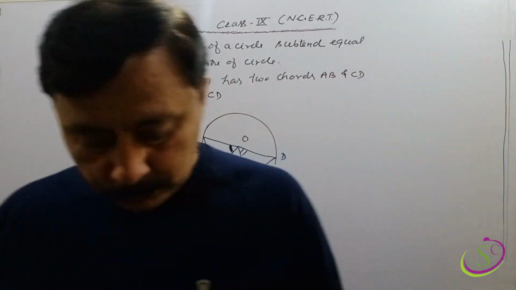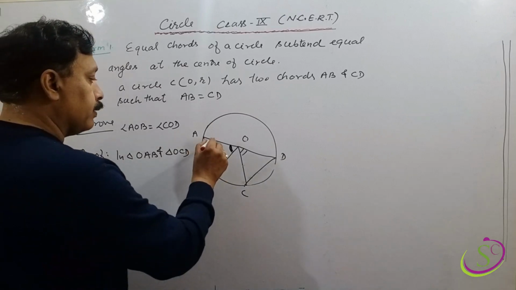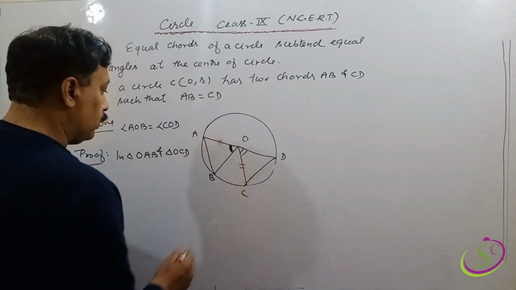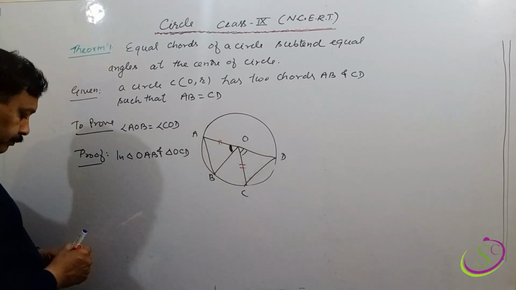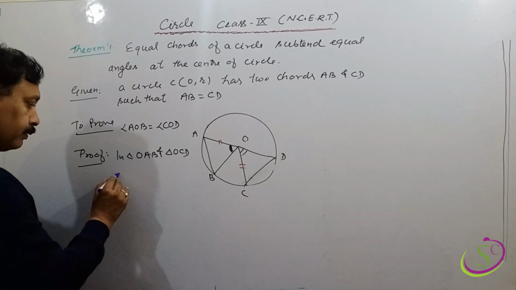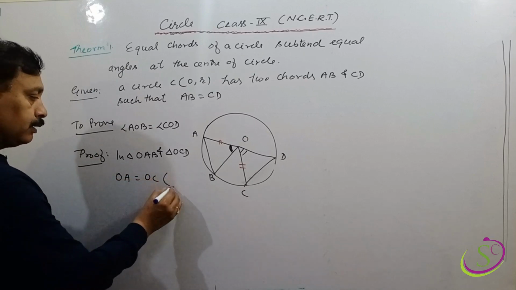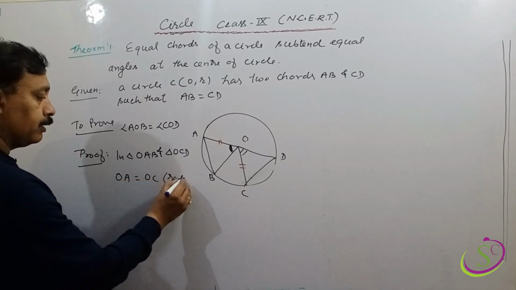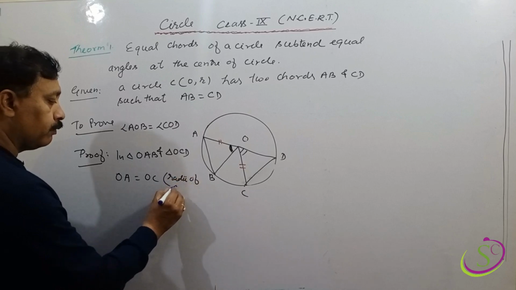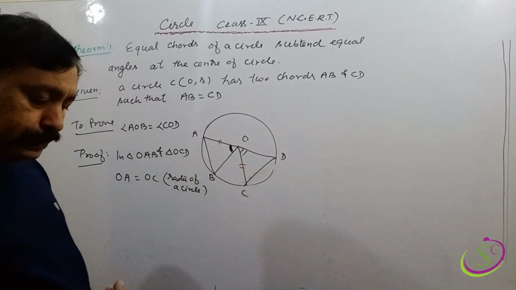See, this side OA equal to side OC. Clear? So write OA equal to OC. Reason? Radii of a circle. Clear?